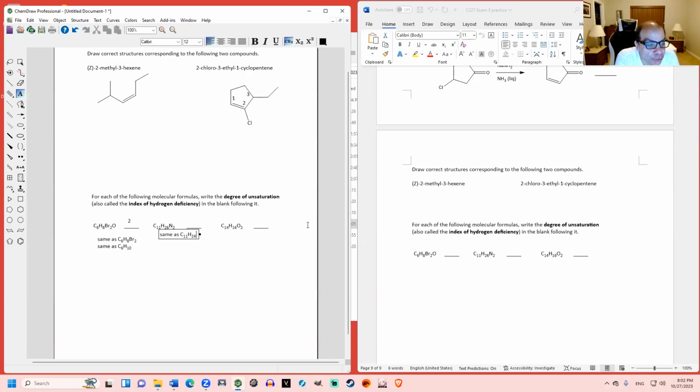So C11H24 with 11 carbons, CnH2n plus 2. 2 times 11 is 22, plus 2 more is 24. So this compound is already fully saturated. So using the formula, 24 minus 24 is 0. 0 divided by 2 is 0. So that compound is fully saturated.